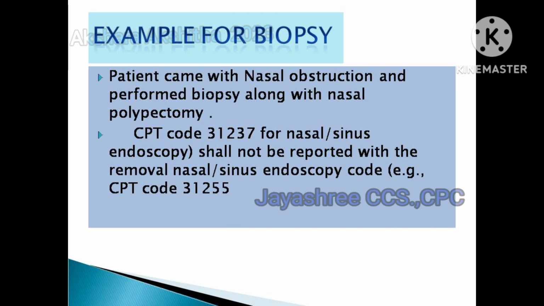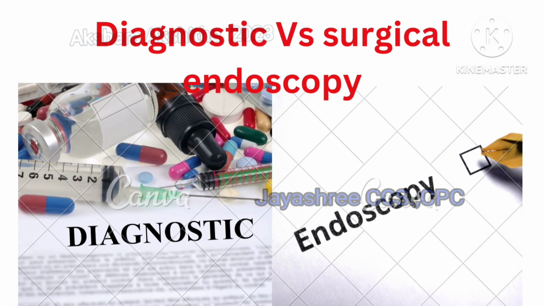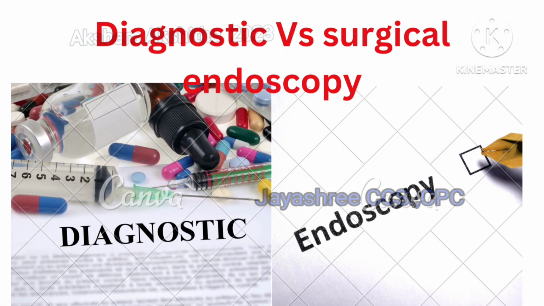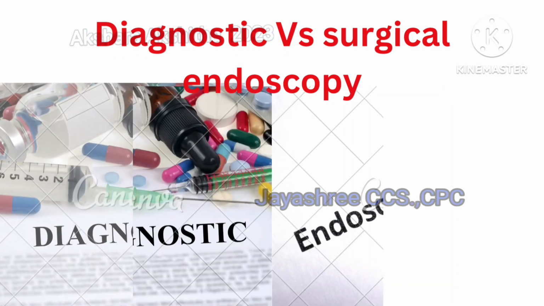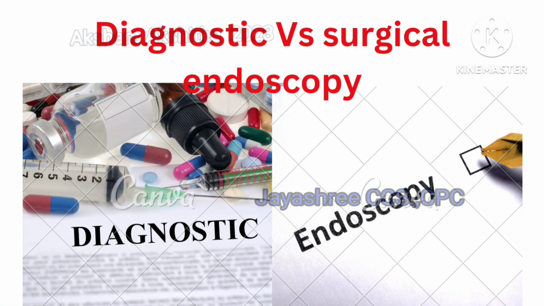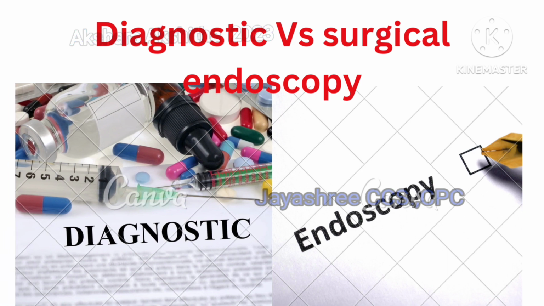Okay. The next coding guideline is diagnostic versus surgical endoscopy. Surgical endoscopy always includes diagnostic endoscopy, so diagnostic endoscopy and surgical endoscopy cannot be coded together. This guideline is applicable for all of the chapters.